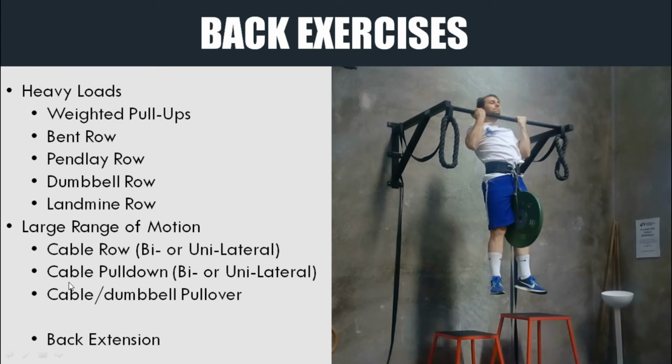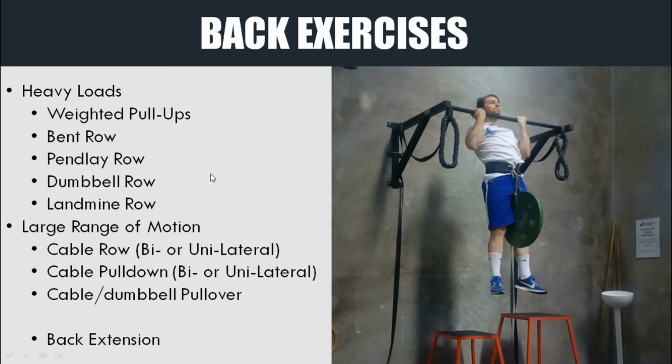Same thing with pull downs, so we can use any sort of attachment. I prefer some sort of narrow grip attachment, which is going to allow greater range of motion. But again, you can do that with different grip widths, different attachments, and also single arm or both arms at the same time. Then we can have something like a cable or a dumbbell pullover as a real high range of motion, but then again, quite low loads are able to be used with that.